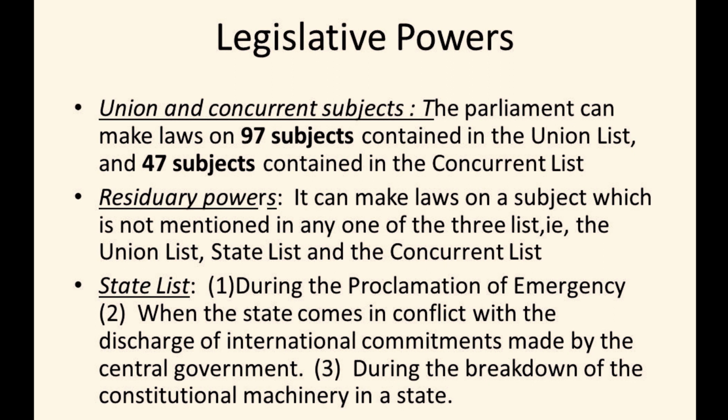The Parliament can make laws on 97 subjects contained in the Union list and 47 subjects contained in the concurrent list. Then what do you know about residuary powers? It can make laws on a subject which is not mentioned in any one of the three lists. Which are the three lists? The Union list, the state list, and the concurrent list.